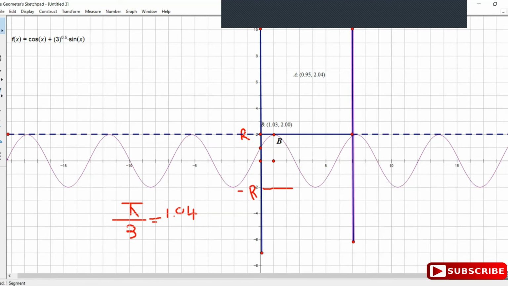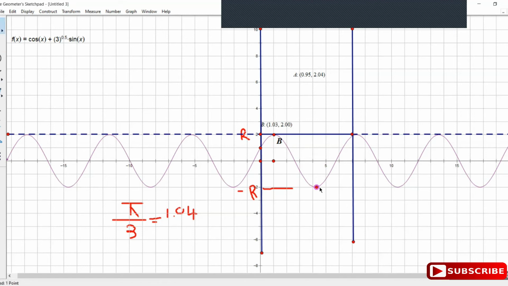Now, where does the minimum occur? The minimum occurs right here. Let me put a point right there. So this is where the minimum occurs.